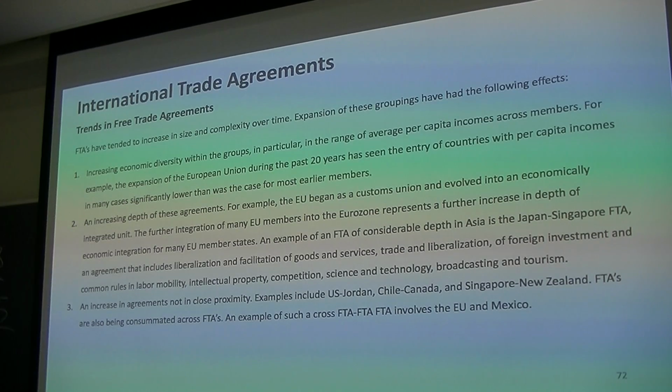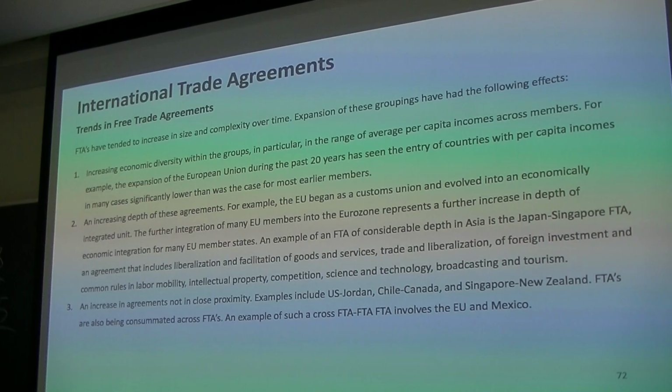The European Union brought in a number of countries that were much further behind, with very different economic levels, particularly Eastern European countries such as Romania and Bulgaria, with much lower levels of economic development.